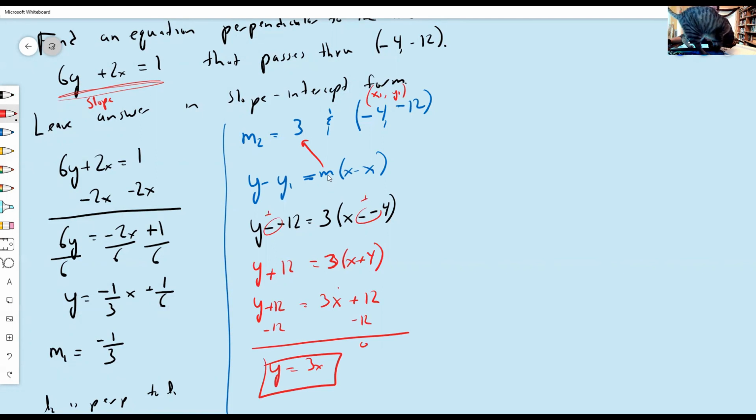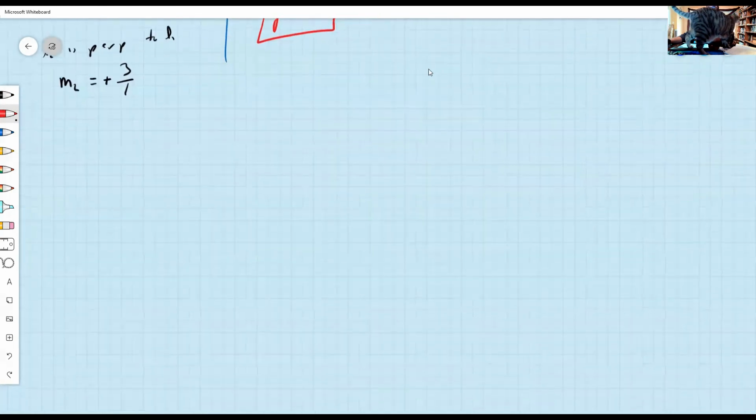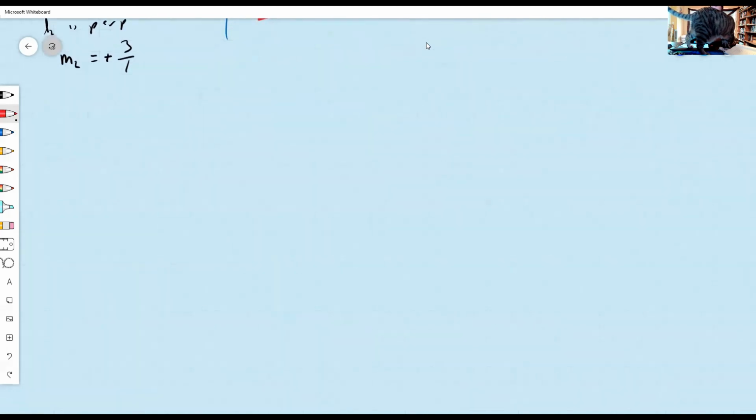All right. So last example. Are the lines perpendicular?